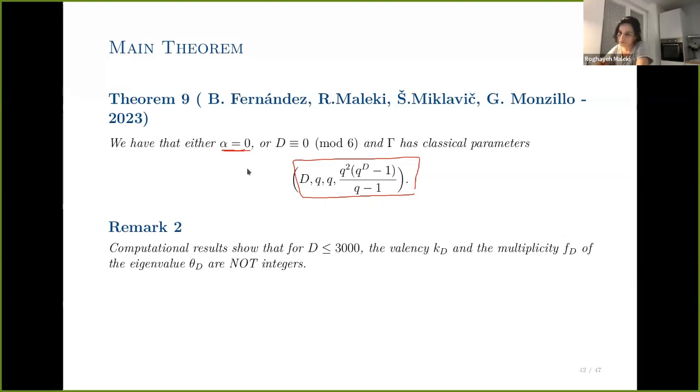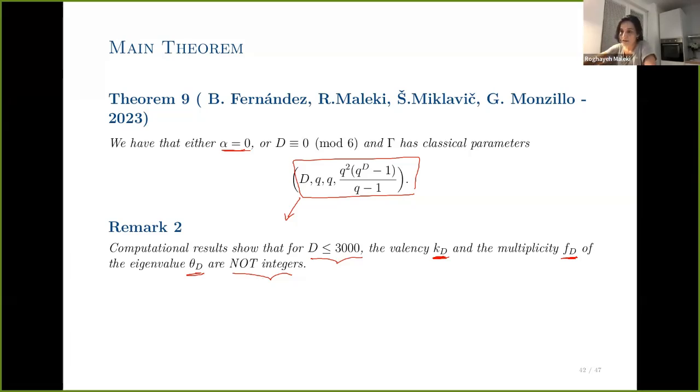So that's why we were a bit suspicious about this. So we started to work on this and see for different diameters, let's say diameter less than or equal to 3000, we checked that, and we noticed that the valency k_D and the multiplicity f_D of the eigenvalue theta_D, they are not integers.